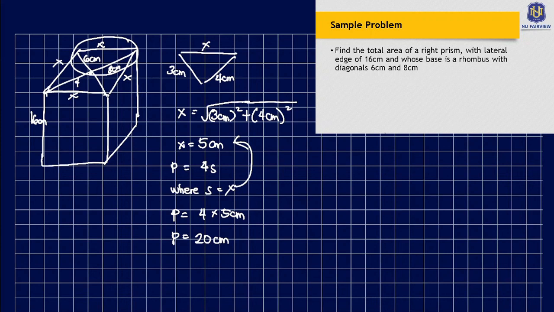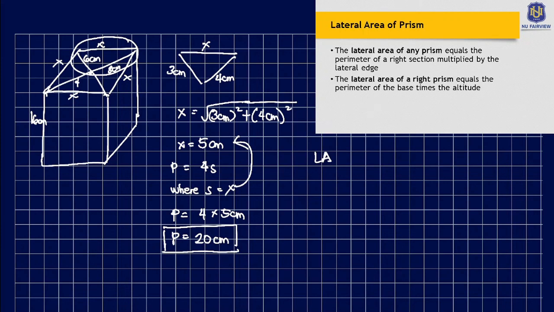Now that we have the perimeter, makukuha na natin yung lateral area niya. So, pag sinabi nating lateral area, anong sabi dun sa previous definition? So, sabi dyan, yung lateral area of any prism is equivalent to perimeter of the base times the altitude. So, this is yun sa right prism. So, lateral area ay equal sa perimeter ng inyong base times altitude or yung height.